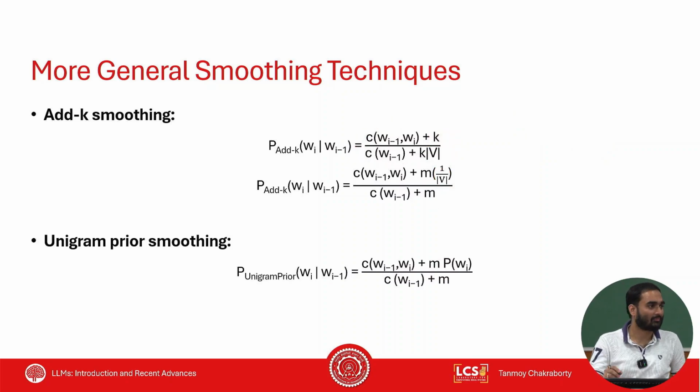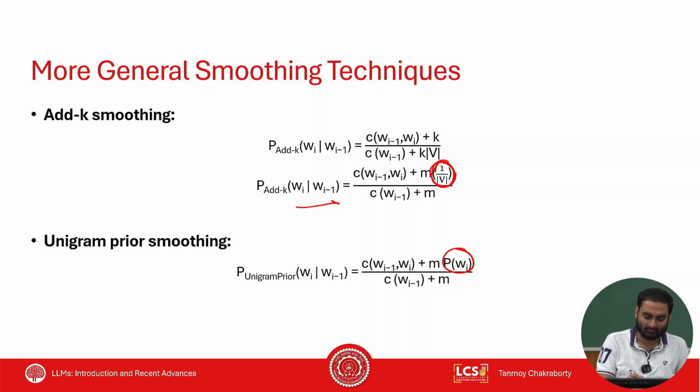So instead of this, you can replace it by a unigram probability. Instead of making it uniform, you replace it by a unigram probability, because this uniform 1 by v is the same for all the vocabulary words, but that should not have happened, right?